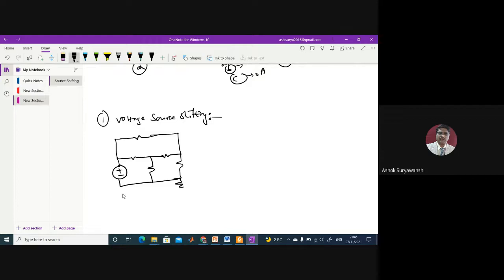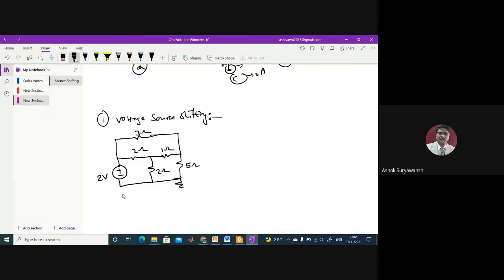Okay, so this is the given circuit diagram. This is a 2 volt voltage source, 3 ohm, 2 ohm, 1 ohm, the middle one is 2 ohm, and this one is 5 ohm.